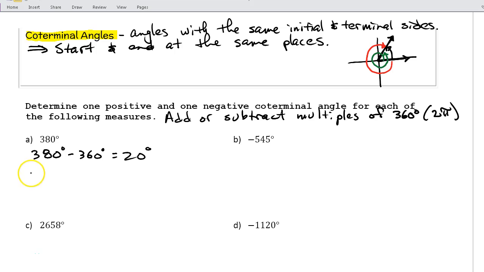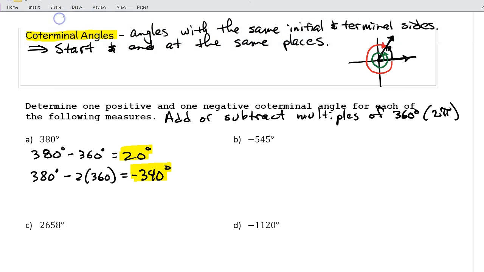So what I'm going to have to do is subtract 2 times 360 in this case. So that would give me negative 340 degrees. So now I have a positive coterminal angle and a negative coterminal angle. So sometimes you may need to figure out how many times you're going to have to add or subtract 360.